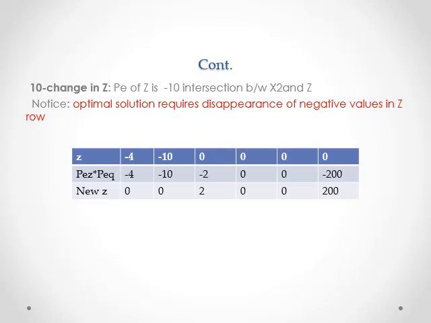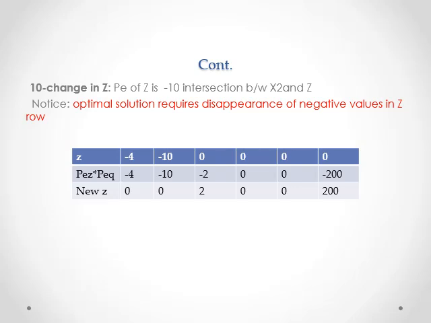Copy z as given in the primal table: negative 4, negative 10, the rest remain 0. The pivot element of z is multiplied by the pivot equation.